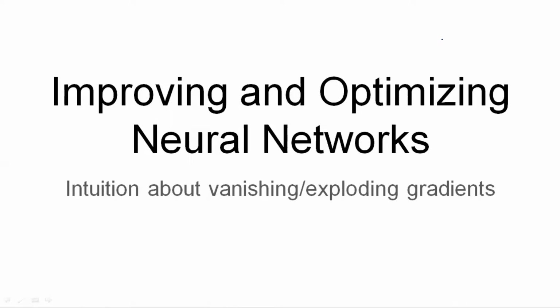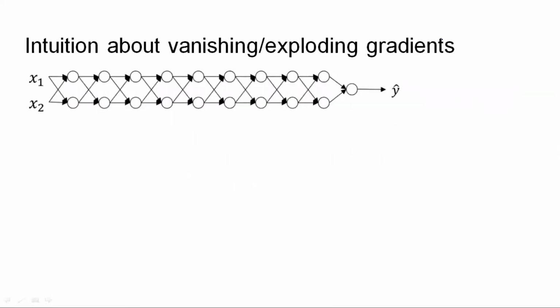Now let us move to the next slide. What you can see in this slide is a very basic neural network, but I think it is the best network we can use in order to understand the problem of vanishing and exploding gradients.